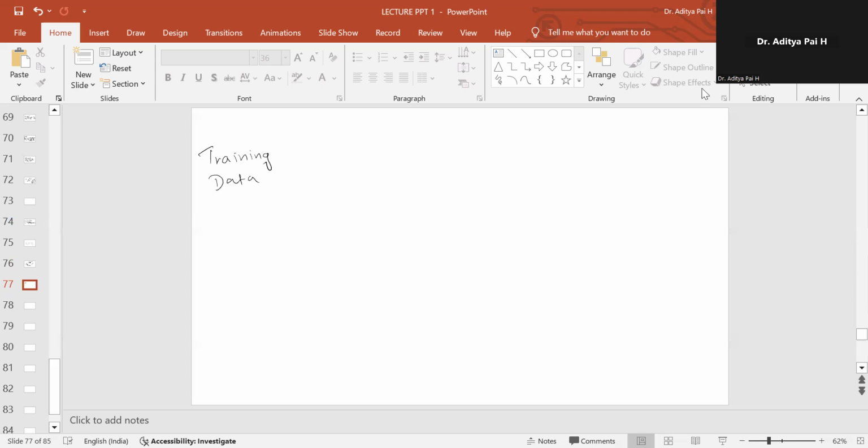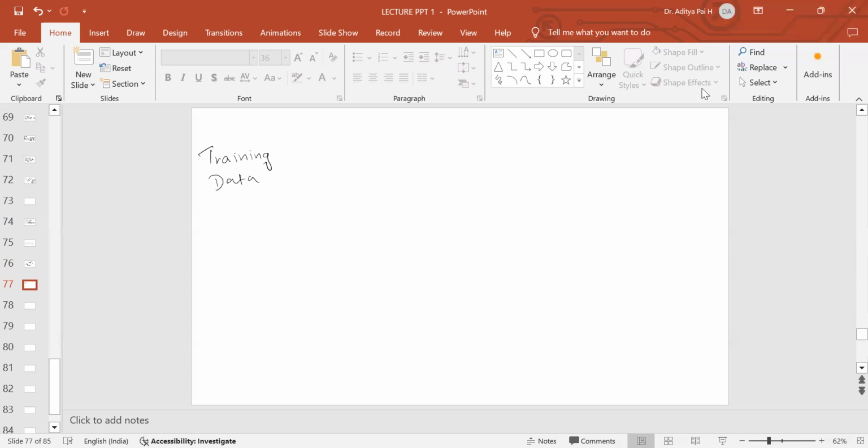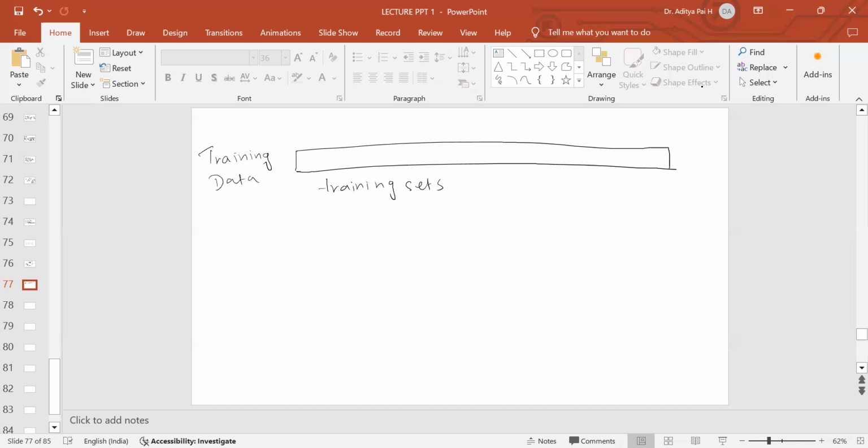In that, you can see there are training sets, and then there is holdout data, which is nothing but cross validation, the development set, or the dev set. And then there is test data.